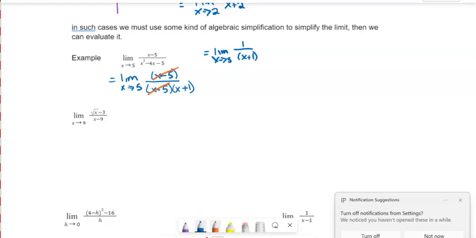And now I can sub in and solve for the limit. So that will give me the limit as x approaches 5, 1 over 5 plus 1, which equals 1 over 6.